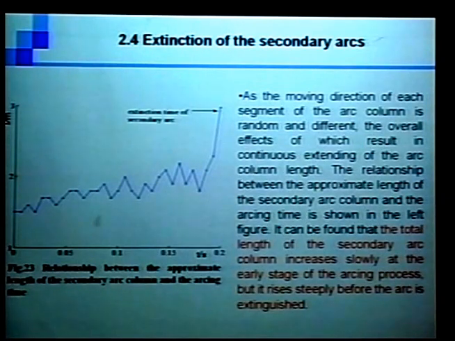It can be found that the total length of the second arc column increased slowly at the early stage of the arcing process, but it rises very steeply before the arc is nearly extinguished. It's a sharp rise in the final stage.